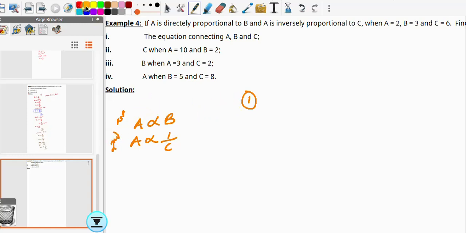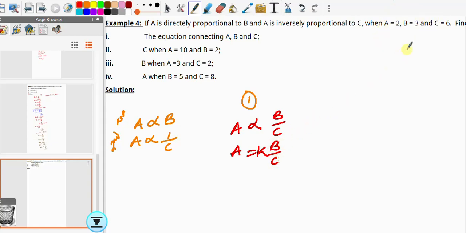So from here, what can we do now? Let's marry the two statements together. We see that A proportional, you see that our A is proportional to B over C, right? Now let's introduce our equality sign and constant, which is A will be equal to K B over C, right?